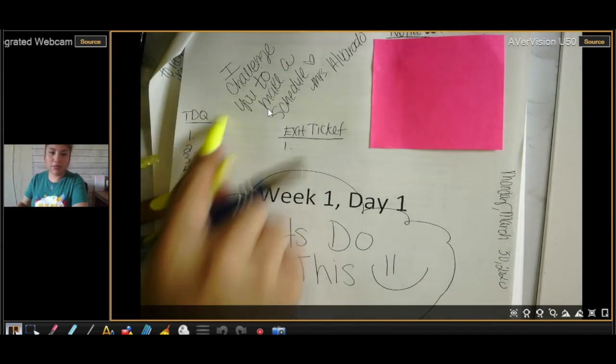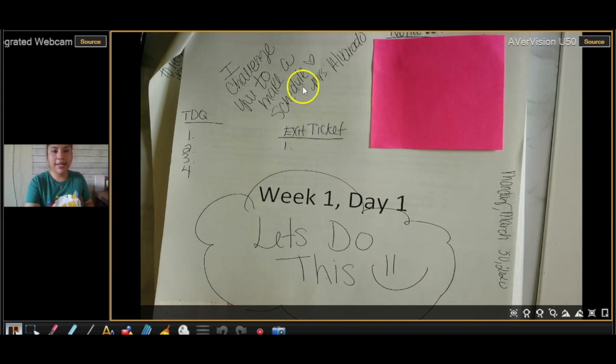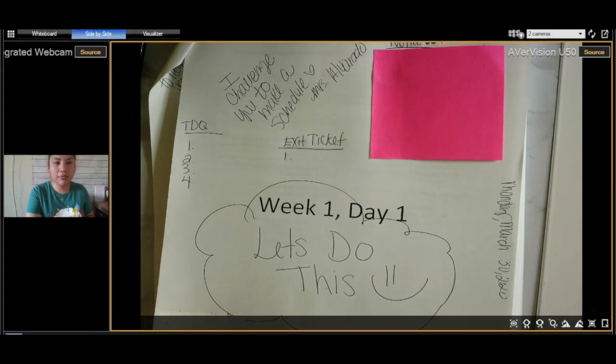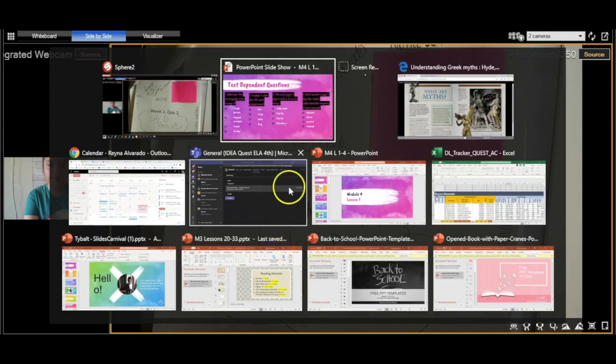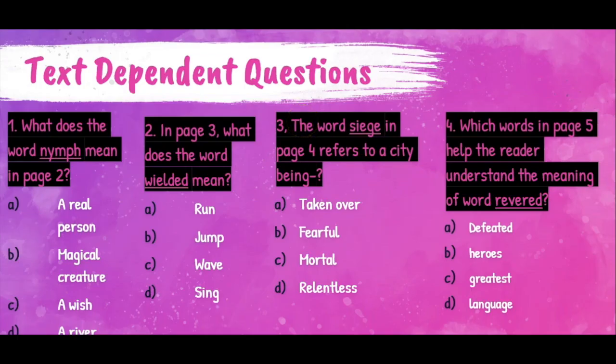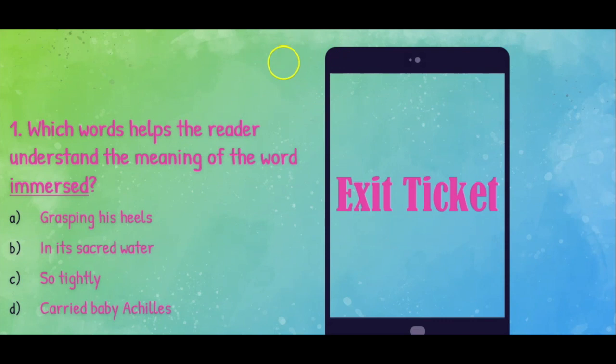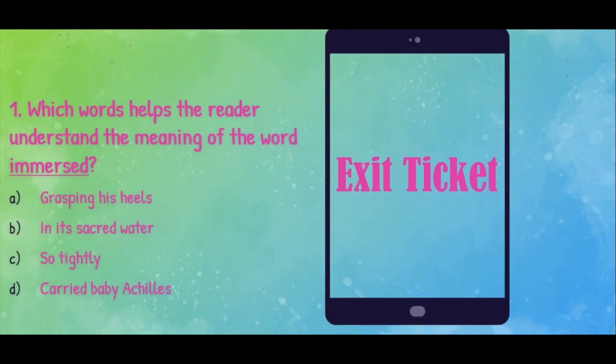Okay, so TDQs 1 through 4, exit ticket number 1. So now let me show you your exit ticket. Your exit ticket for this lesson is, which words help the reader understand the meaning of the word immersed? For this one, you will have to go to page 2 to find the answer.